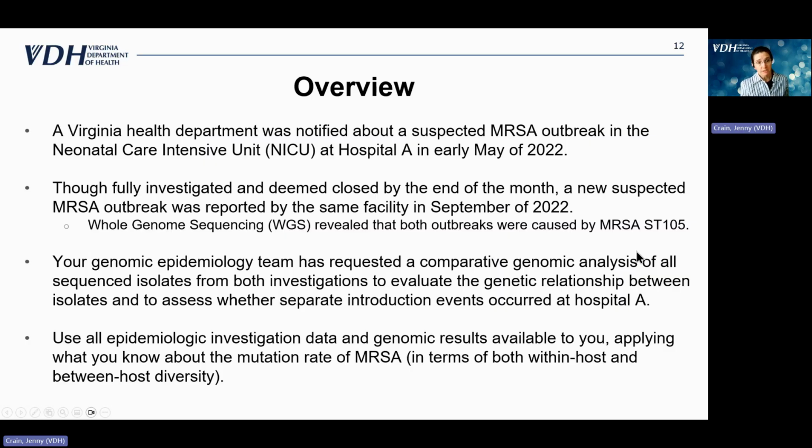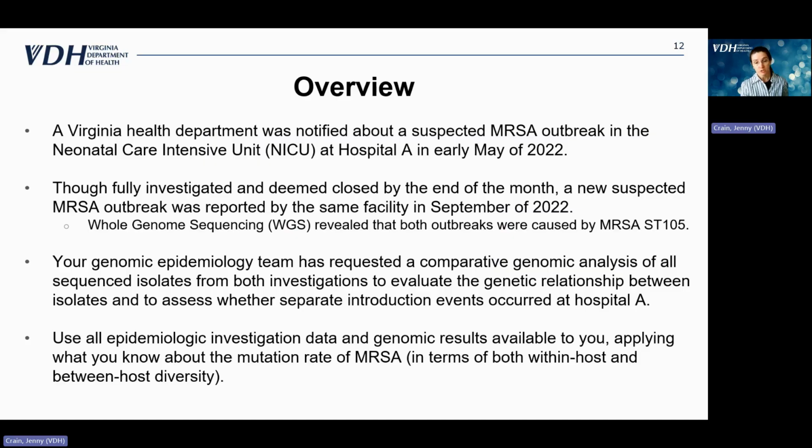So for this scenario, your genomic epi team has requested a comparative genomic analysis of all of the sequenced isolates from both outbreaks to evaluate the genetic relationship between isolates and to assess whether separate introduction events occurred at Hospital A. So the task for you today is to use all of the epidemiologic investigation data provided to you and the genomic results, apply what you know from this background, including the mutation rate of MRSA, as well as those SNP thresholds, and what you understand about MRSA transmission, the different types of transmission, and to think also about genetic diversity from the Genomics 101 background, but also how diversity can occur between hosts or between humans, and also within the same host, right?